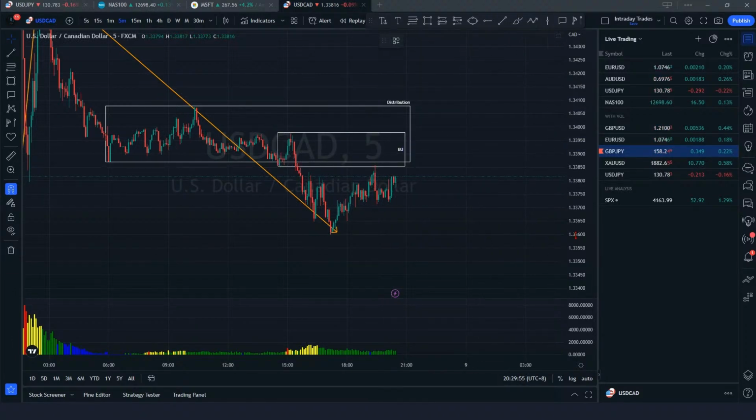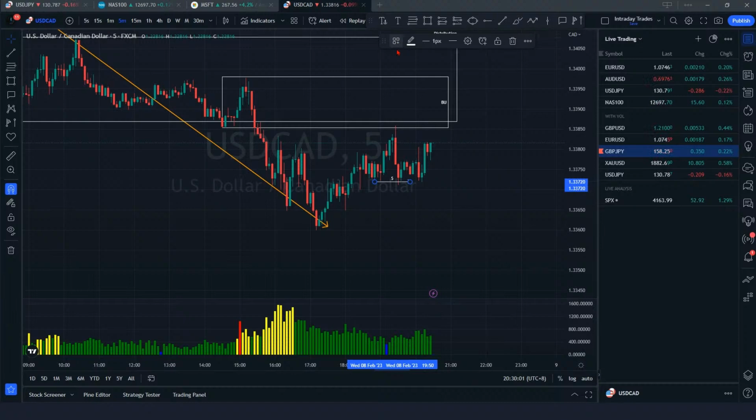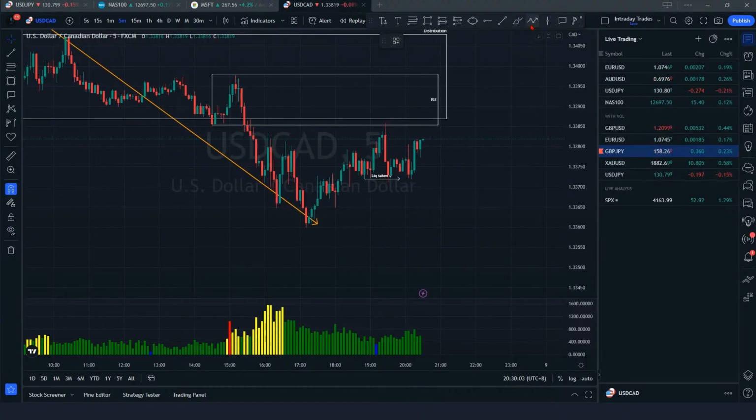We have a slight reaction, but unfortunately we took some liquidity. So what I'm expecting is a further mitigation of this backup. So basically this liquidity was taken, so we could see a deeper mitigation of this backup.